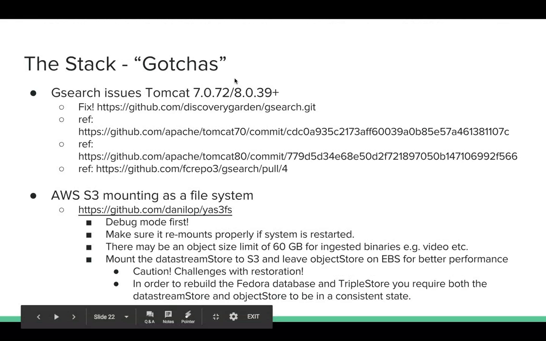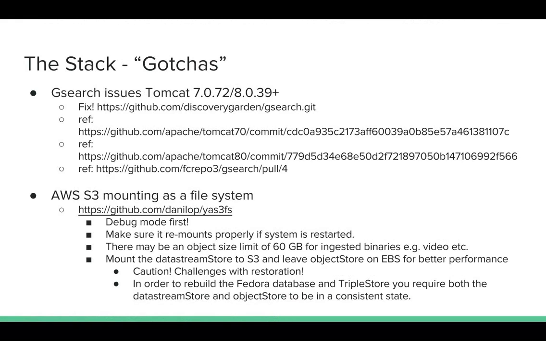I'm going to talk about a couple of gotchas here. So with GSearch, if you look at those two reference commits, there have been a number of changes in Tomcat where it's a lot stricter on what characters it accepts. And in doing that, if you were to use anything above Tomcat 7.0.72 or 8.0.39, what will happen is it will seem like GSearch is working.